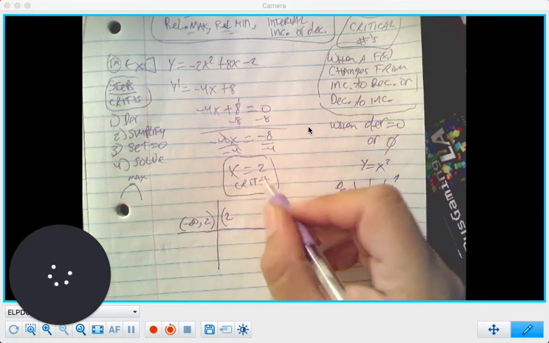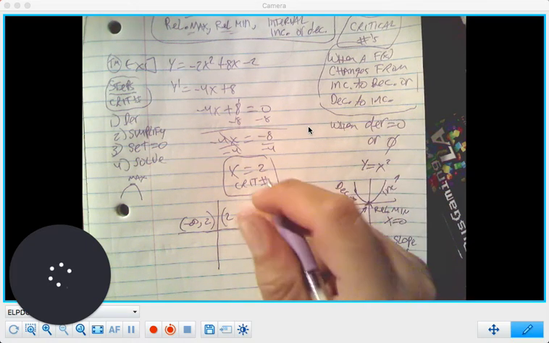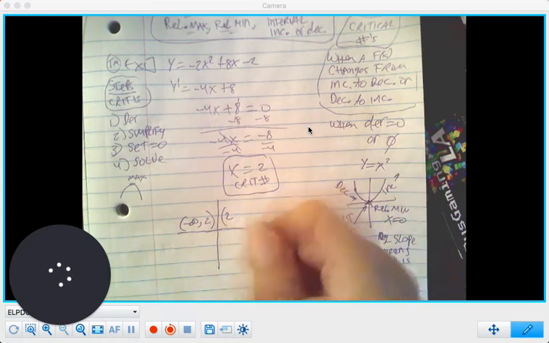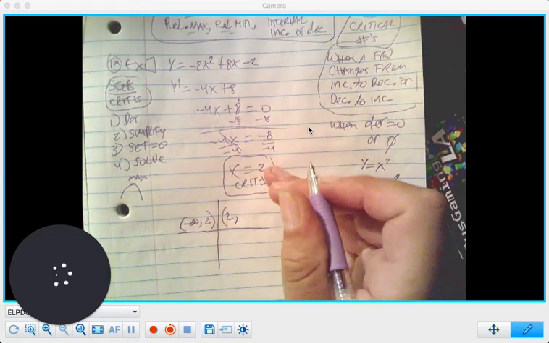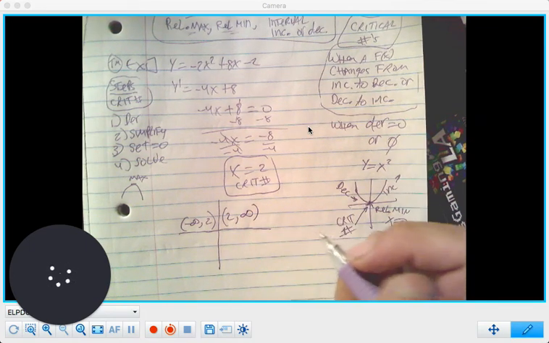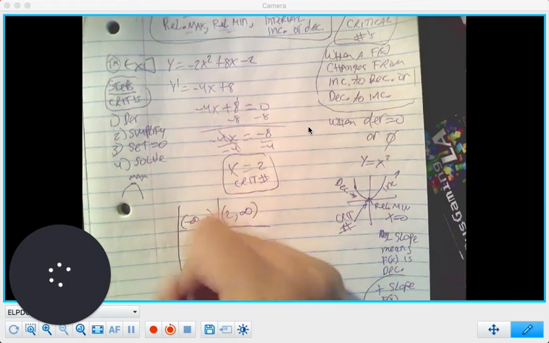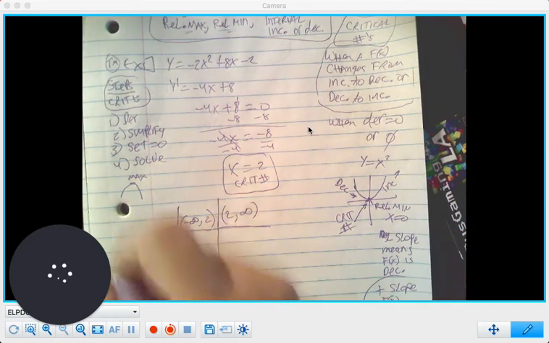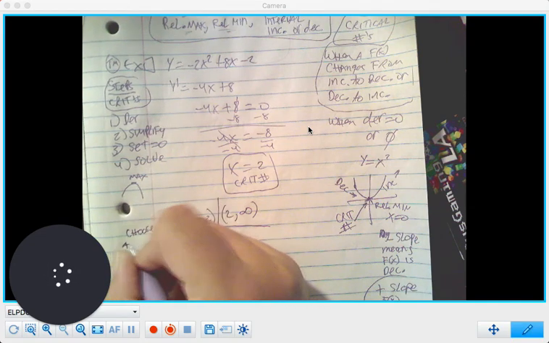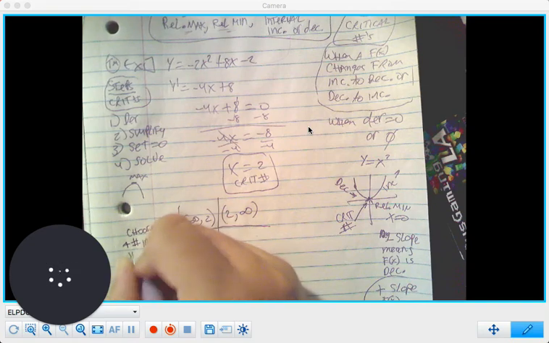Sometimes you might have more than one critical point. So you will put the next one here. And you always go from smallest to greatest. So here we don't have any other critical points, so we're going to close it with positive infinity. The next thing, you're going to choose a number inside the interval.